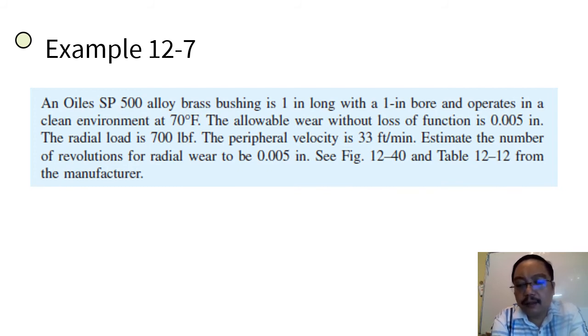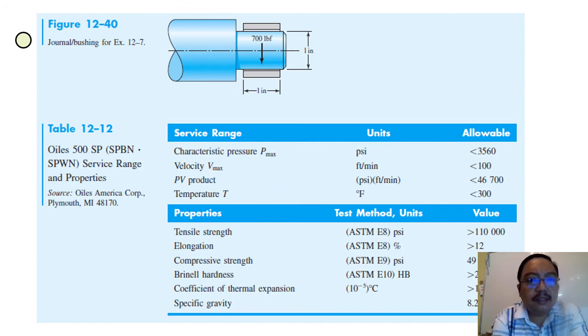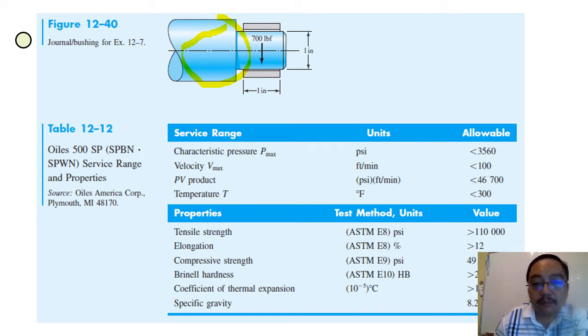Now you see 12.10. This is the picture of the bushing. Remember this shaft has a shoulder, like we have studied in the video on shaft. The function of a shoulder is to reduce vibration.